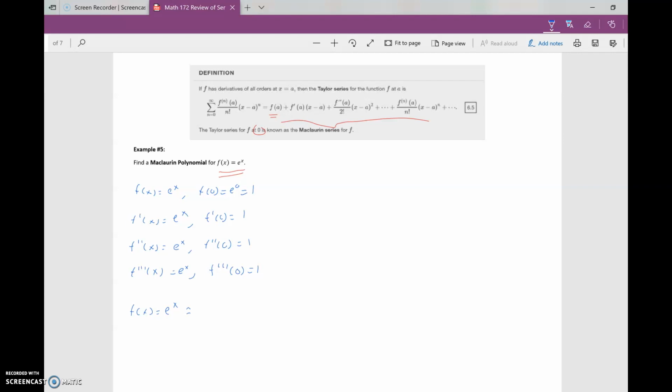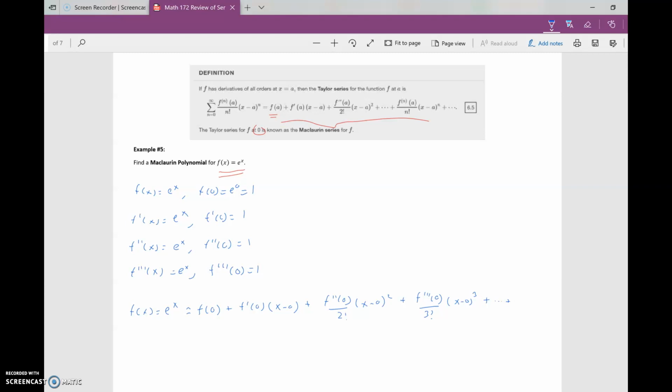So we're looking at f of 0 plus f prime of 0 times x minus 0, then plus f double prime of 0 divided by 2 factorial, times x minus 0 squared, plus f triple prime of 0 divided by 3 factorial times x minus 0 to the third power, and the pattern continues on indefinitely. Now all I need is the first 3 non-zero terms.